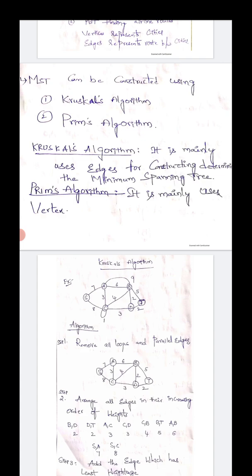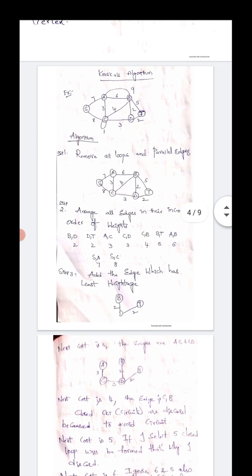Coming to Prim's algorithm, it mainly uses vertices for constructing the minimum spanning tree. Now we will see one of the best examples of Kruskal's algorithm, and later we will discuss Prim's algorithm. First of all, we take one example of Kruskal's algorithm.